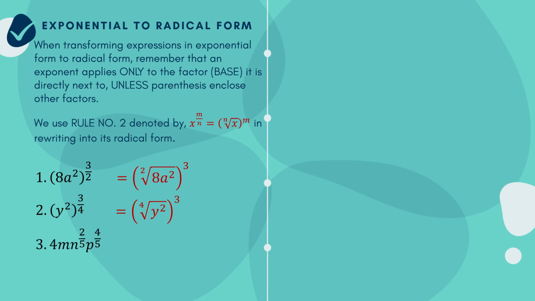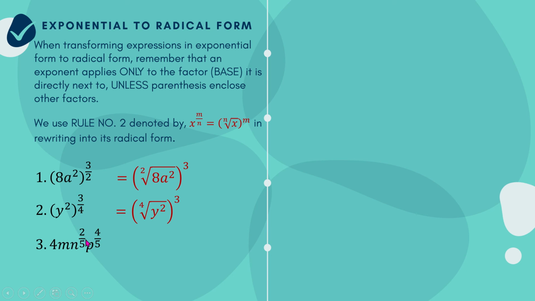Then next, how about number 3? The given is 4m n raised to exponent 2/5, p raised to exponent 4/5. In this example, which ones have exponents? Only the variables n and p. What is the exponent of 4 and m? As you can see on the screen, the exponent of 4 is automatically an imaginary 1, and the exponent of m is 1.